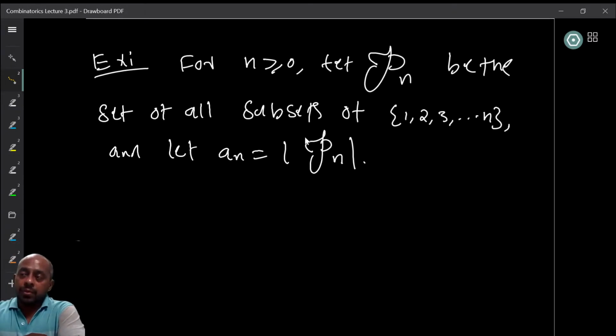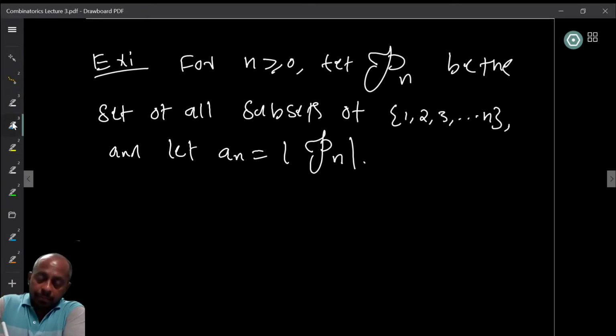Solving something like this, what we can do is make some observations.